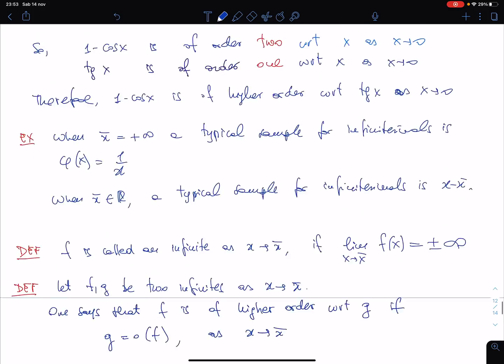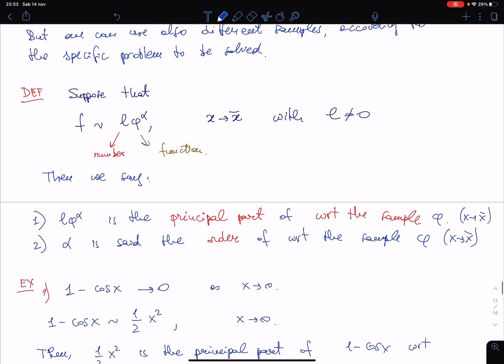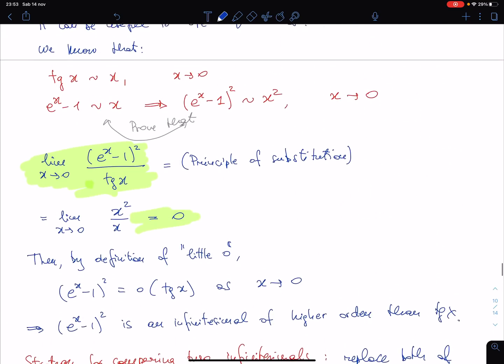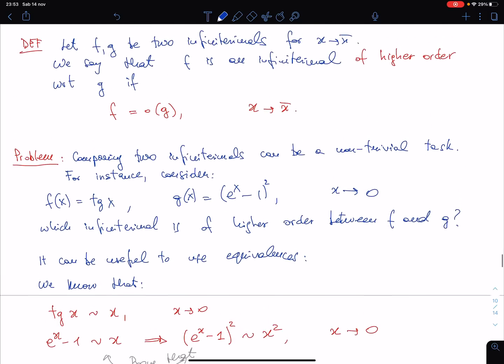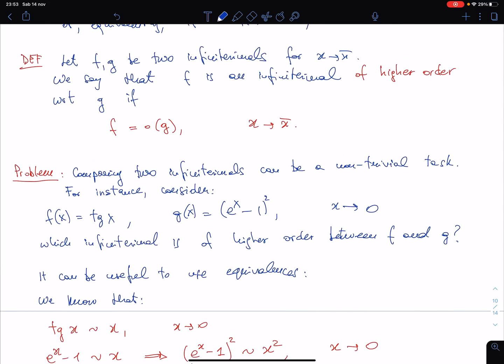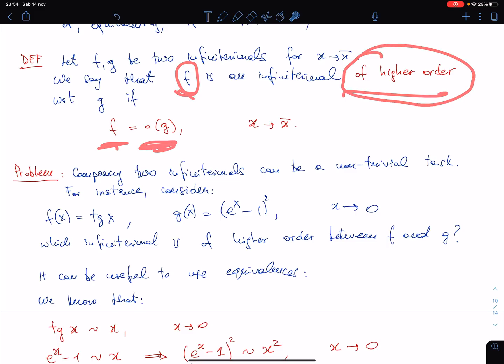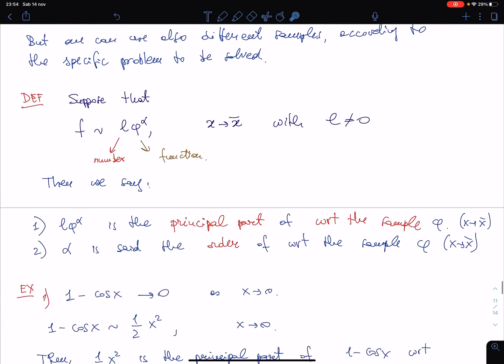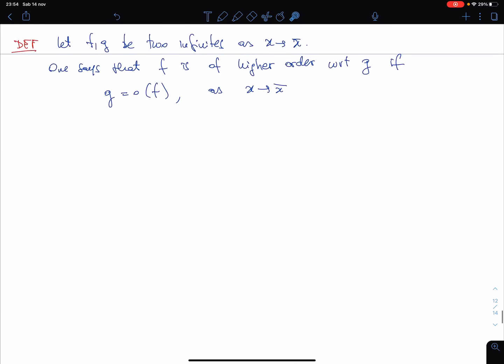When we talked about infinitesimals here, we said that f is of higher order if f is negligible with respect to g, because higher order means a stronger infinitesimal, so it has to be more negligible than g. When we are talking about infinites, things change.